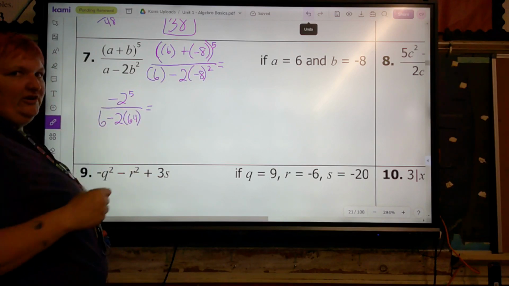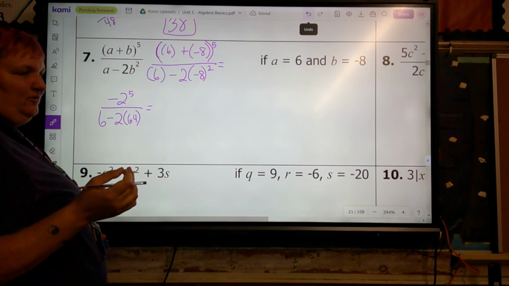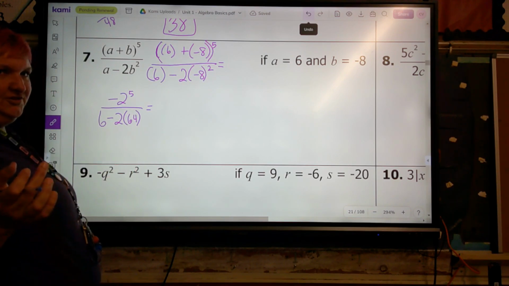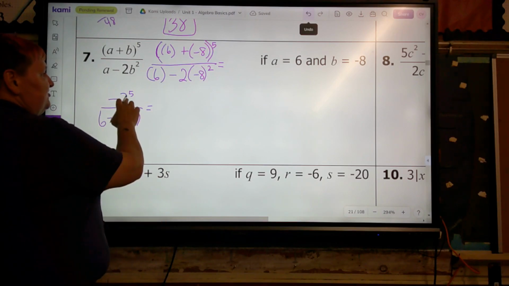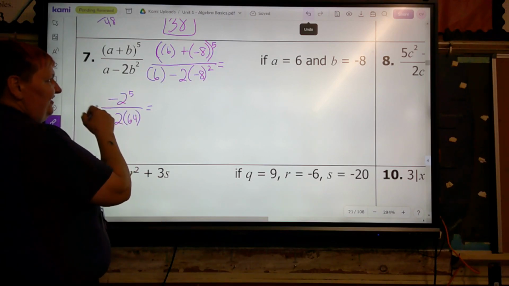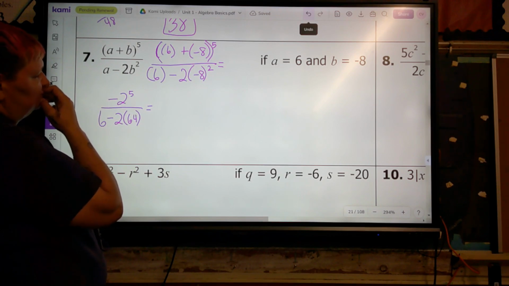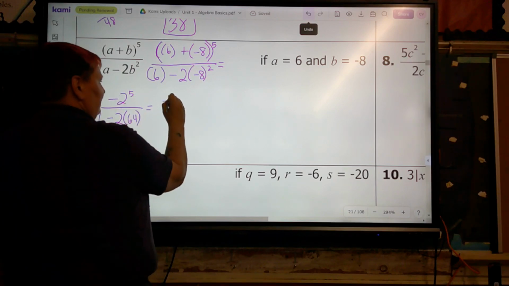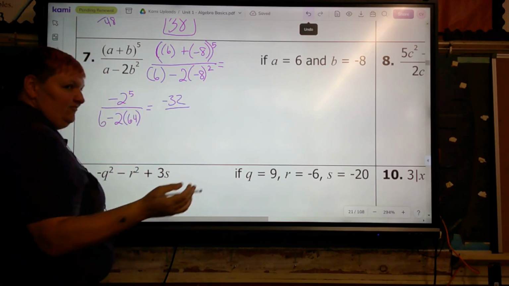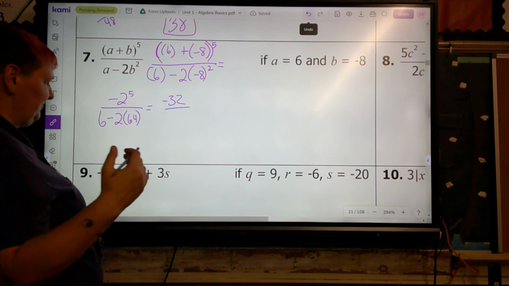We figured out earlier that 2 to the 5th power was 32. And because there's 5 negative signs, it's going to be negative 32. If there's an odd number of negative signs, remember.